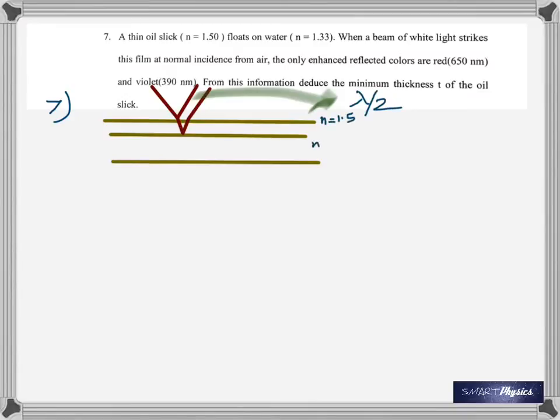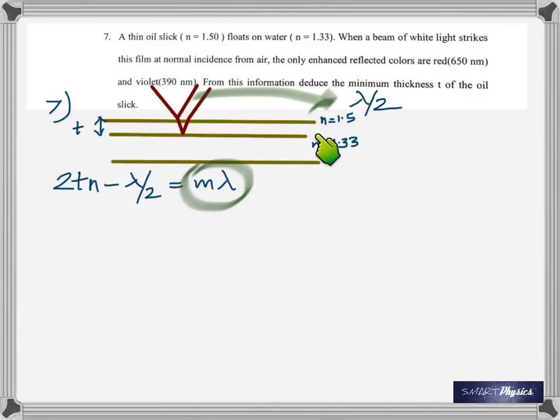I'm trying to list the refractive index of each one. Let that thickness be t. Geometrically, the path difference is 2t, but you've got to multiply it with the refractive index. And now you see that this is equal to 2nt minus lambda by 2, because for the second one there is no additional jump. Set that equal to m lambda.